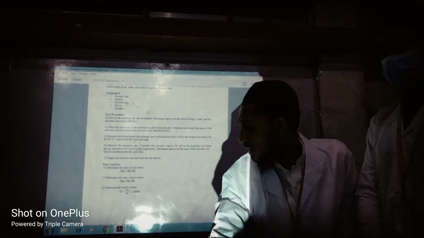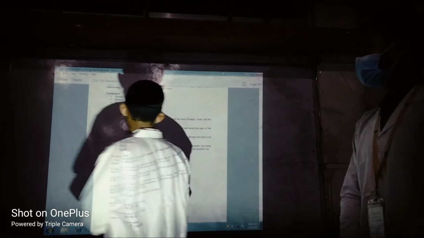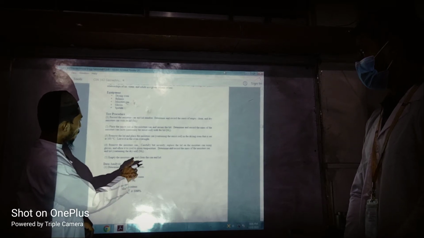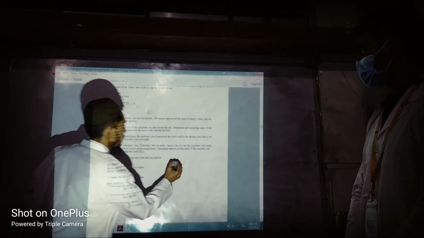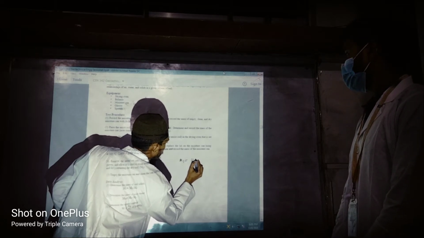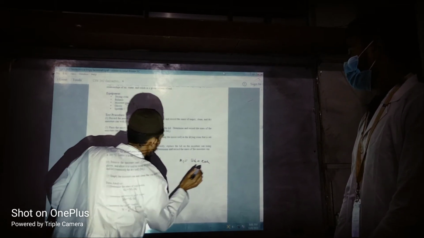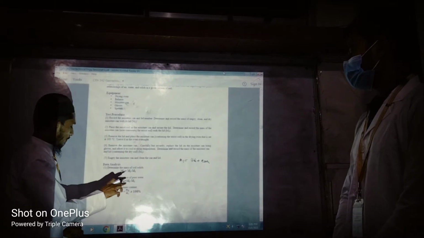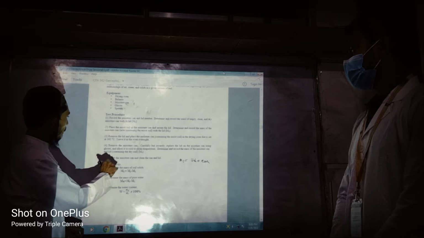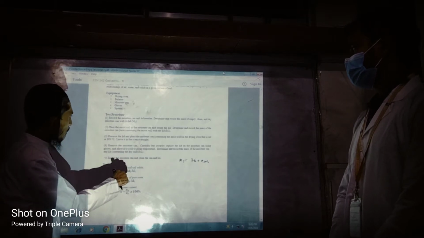Now I describe data analysis. M1 is the weight of lid and can. Then we get the value of M2.